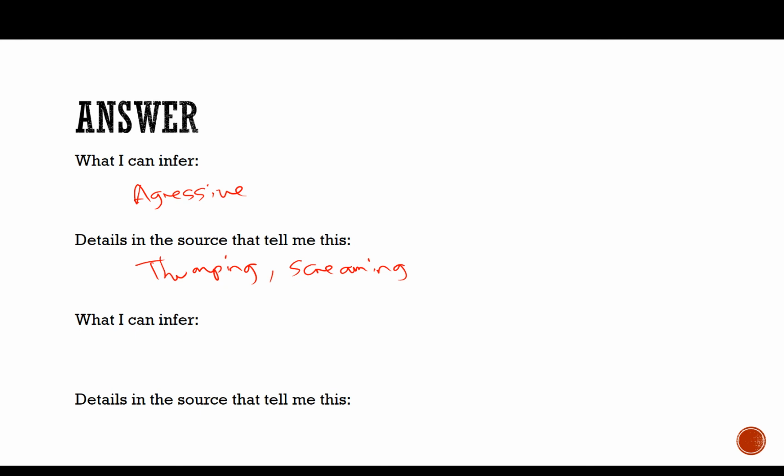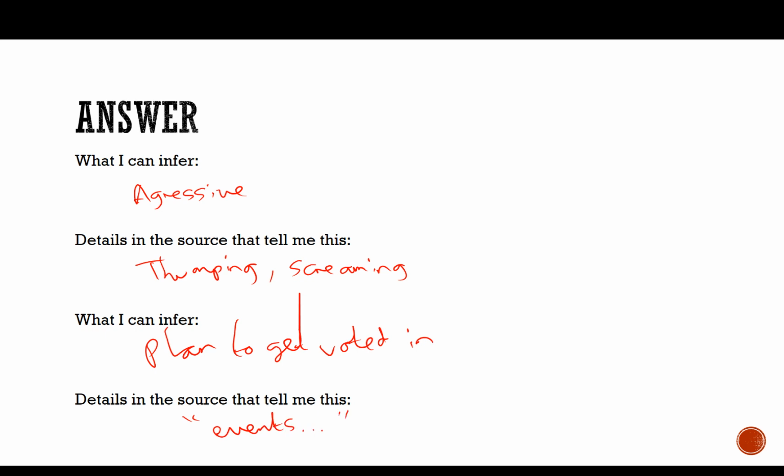Second thing that I can infer is that Hitler had a plan to get voted in. And details from the source that tell me this is the use of, we'll use the events afterwards.